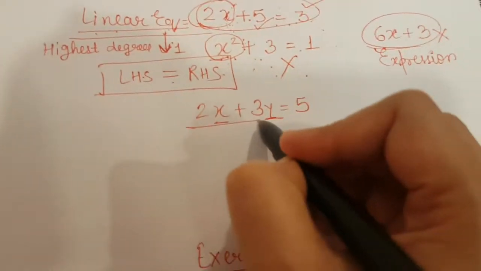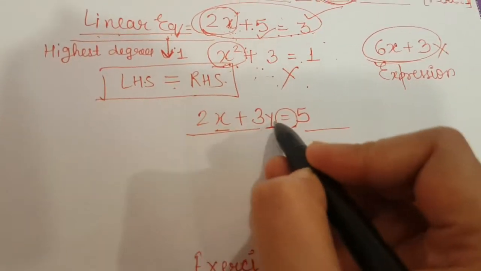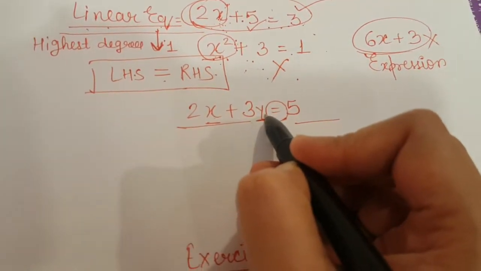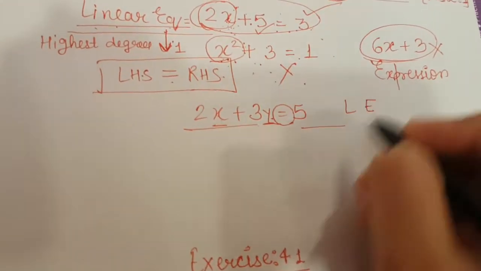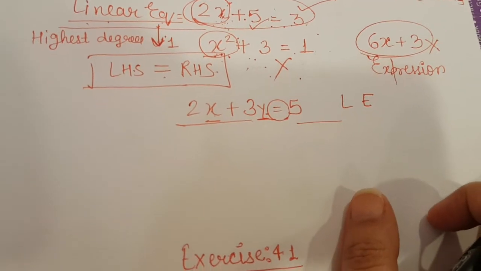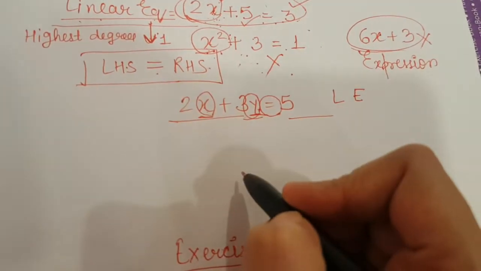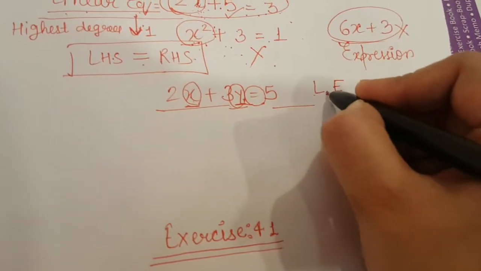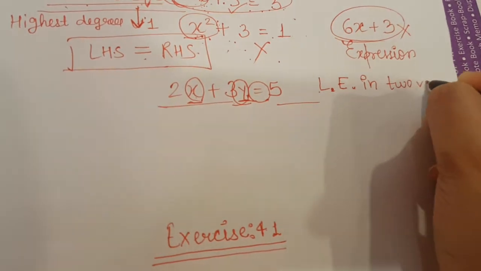This is equation, left hand side, right hand side, equal sign. Highest degree of both the variables is 1 only. So yes, this is linear equation. Yes, because all the rules are satisfied, and two variables are also there, different variables. So yes, this is linear equation in two variables.